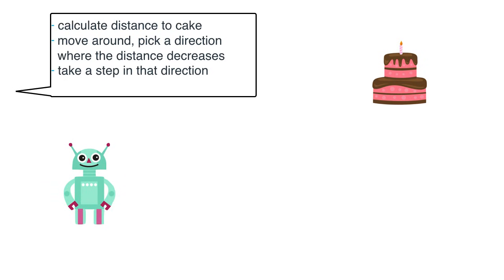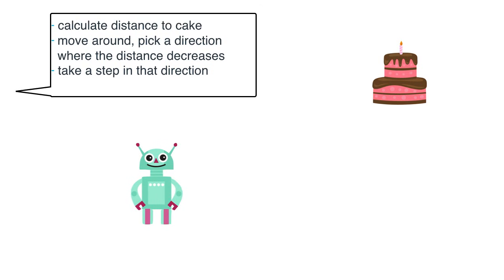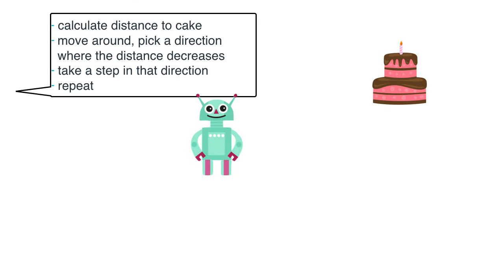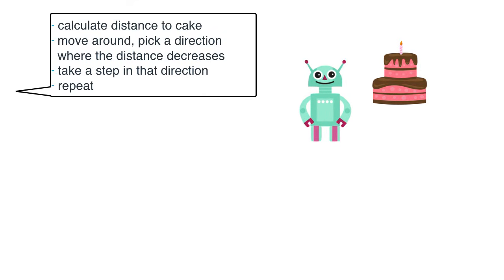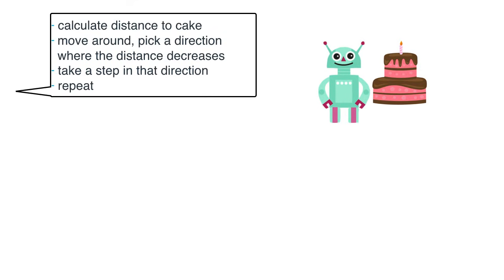So it takes a step in that direction. This is the 4.5. And then the next instruction is: repeat what you just did until you find the cake. So the computer is going to look around itself, keep finding the direction that minimizes the distance the most, and gets to the cake. And this is in a nutshell what machine learning is.